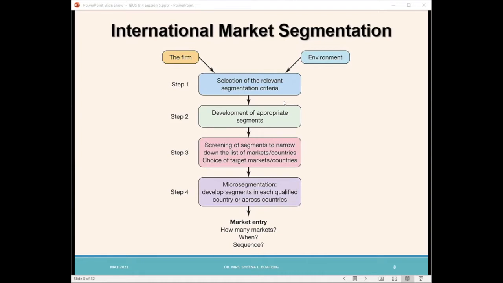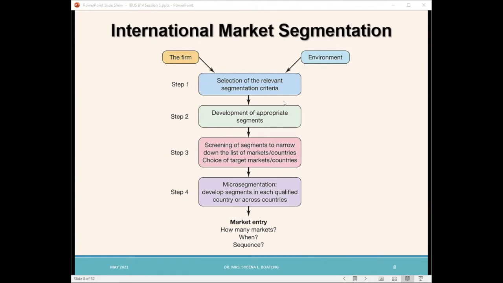So after looking at the segments that they are in a position to serve, they will now go to step 3, which involves screening the segments to narrow down to a final smaller list of segments that they can directly choose from. And once they are able to screen all of them, they will go into the micro segmentation, where they would now break down the segments they have identified into other sub-segments.